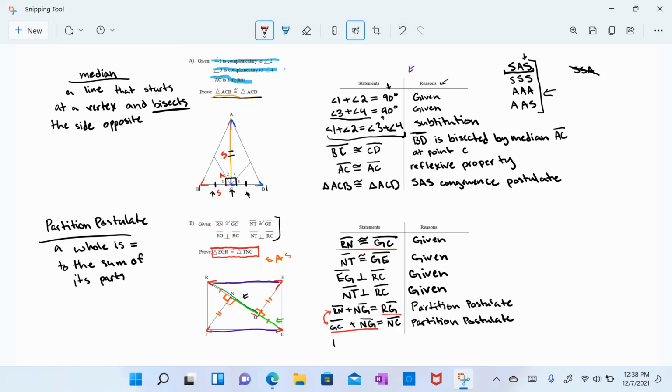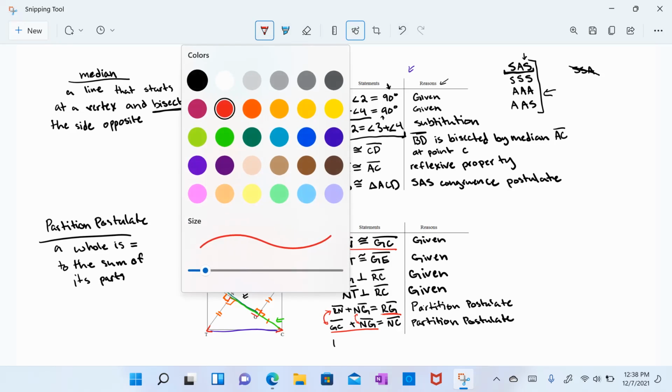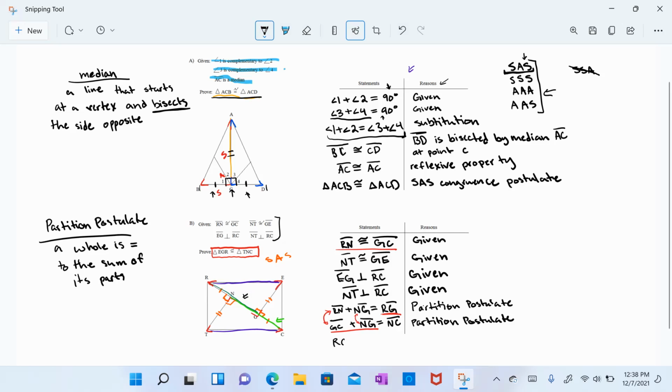And because of the reflexive property, we know that these are also congruent. So we can put RG here and we get the line of RG is congruent to the line NC, or in this case, we would probably put equal to because we're doing an equation. And we're going to put substitution.